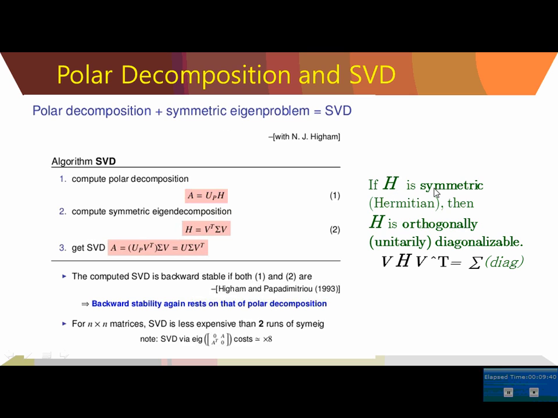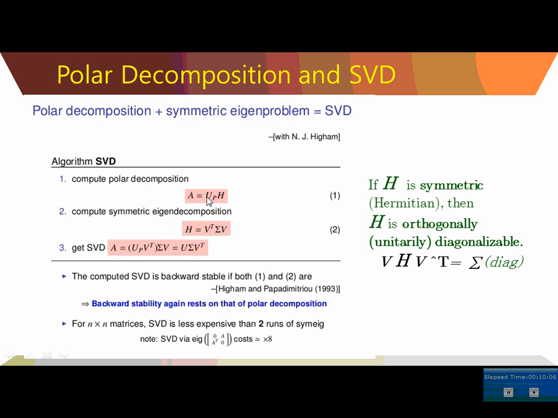When H is a symmetric matrix, or Hermitian matrix in the complex case, then H is orthogonally diagonalizable, or unitarily diagonalizable in the complex case. So there exists a unitary matrix, or real orthogonal matrix V, such that V star H V is a diagonal matrix. With that in mind, we can compute the polar decomposition.